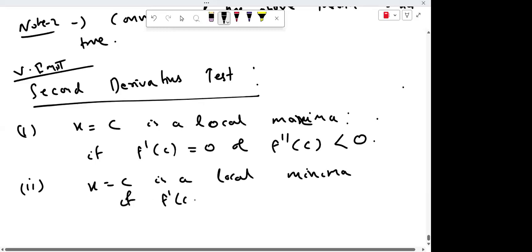If f dash c is 0 and f double dash c is greater than 0, local minima.